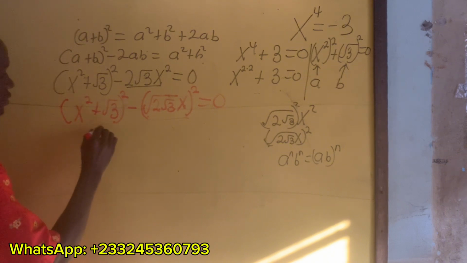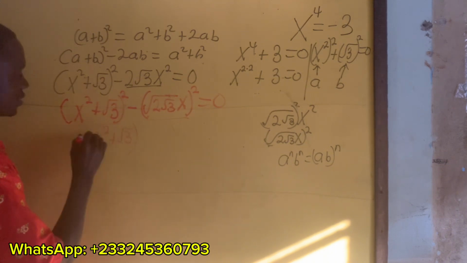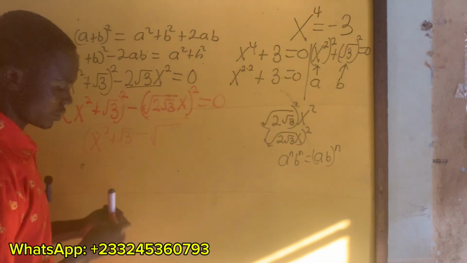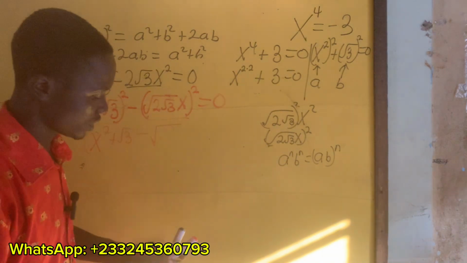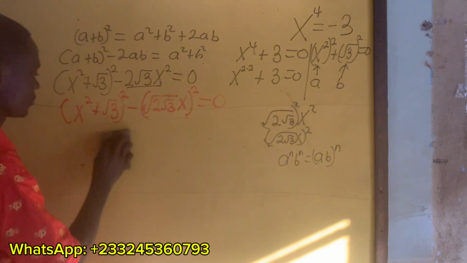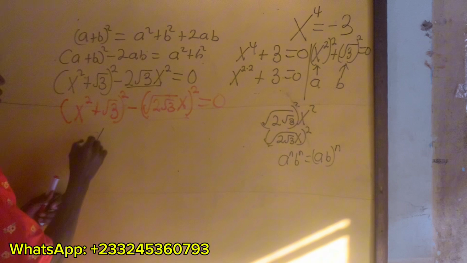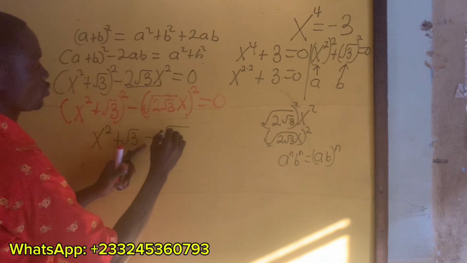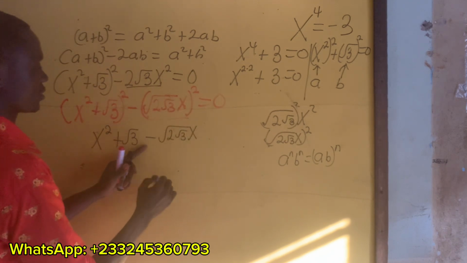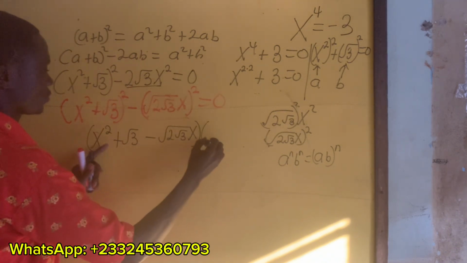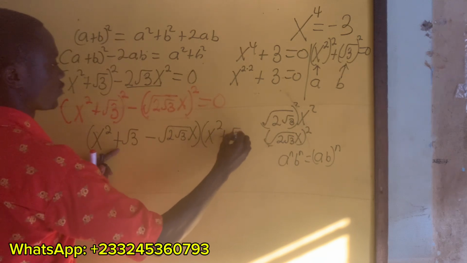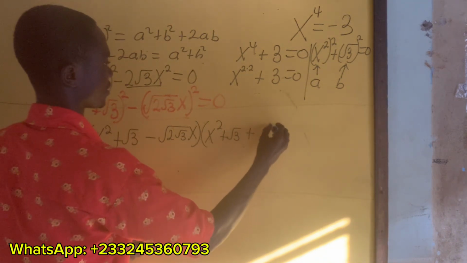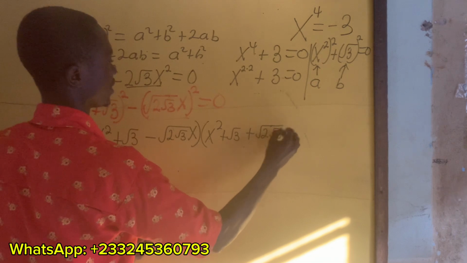So we're going to have x squared plus the square root of 3 minus the square root of 2 square root of 3x as one of the factors, into x squared plus square root of 3 plus square root of 2 square root of 3x equals 0.